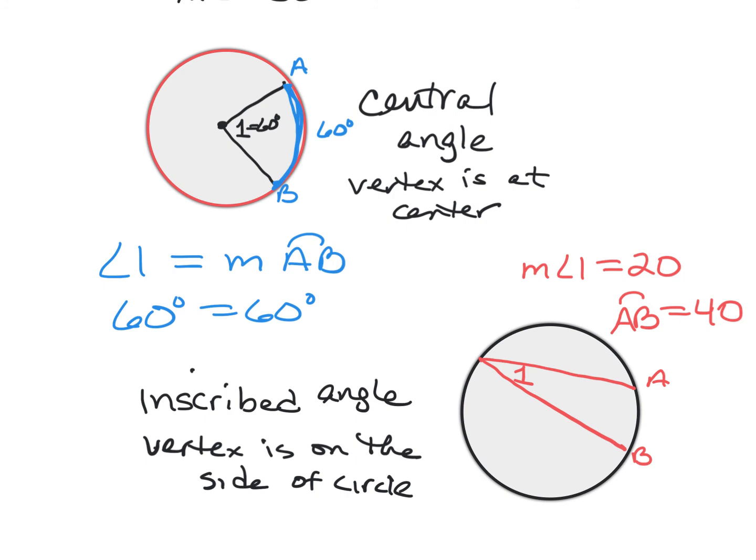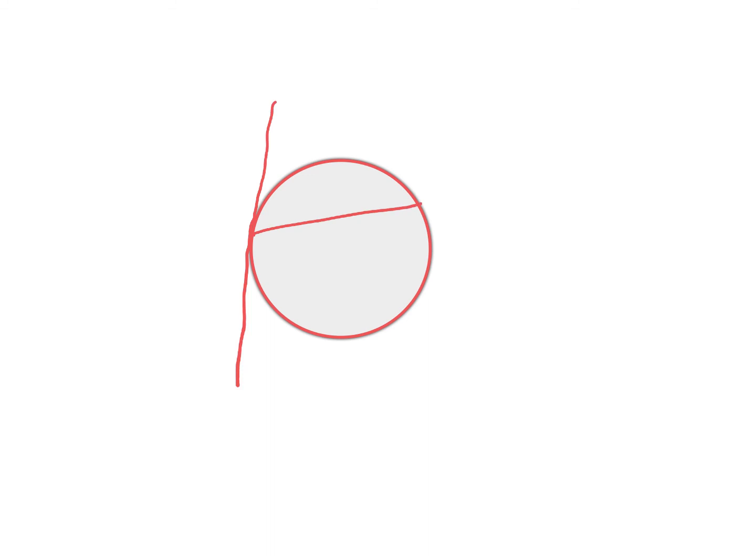This was all prior to today. Today, the first thing that we learned about was when a tangent and a chord form an angle. So let's go ahead and take a look at that. Add another page. Let me draw a circle again. Let me draw a tangent. And then a chord. Let me add some letters here. So the point of tangency is B, and that's A. And let's put a little 1 here.